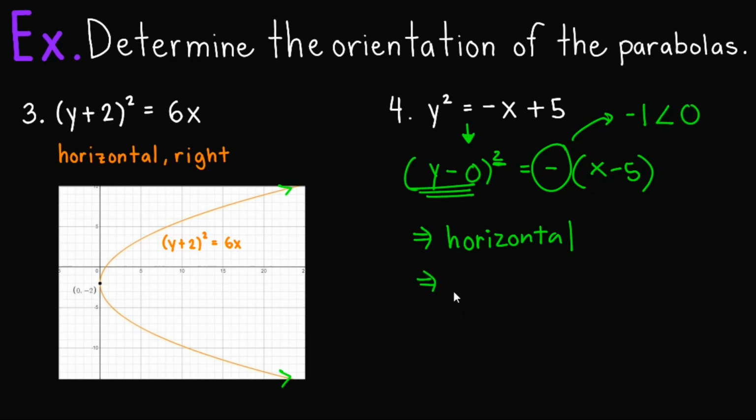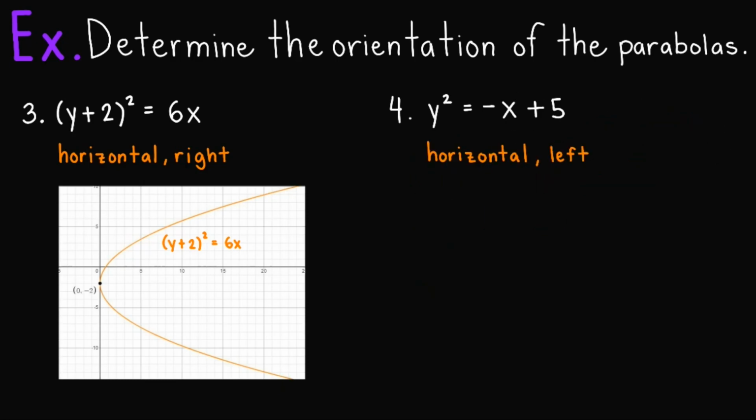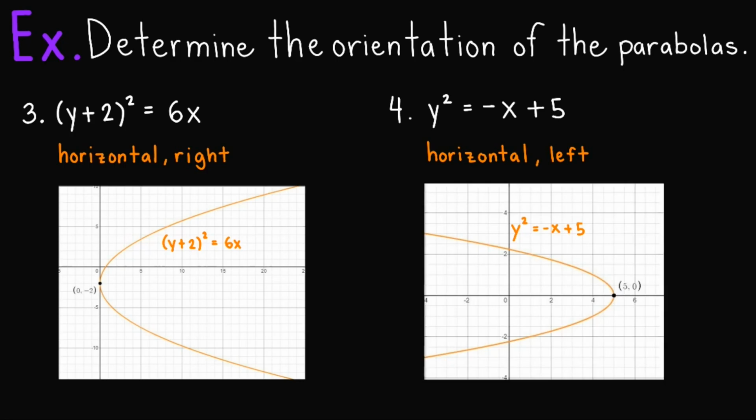So this one must open to the left. So combining these two results, we know that this equation of parabola is oriented horizontally and opens to the left. Indeed, if we check out its graph, we have this. So we have a parabola that is clearly horizontally oriented and opens to the left.